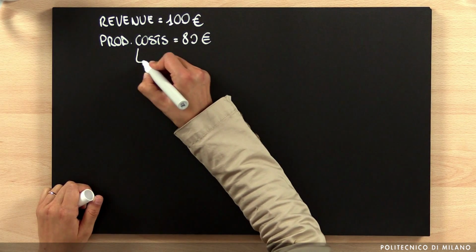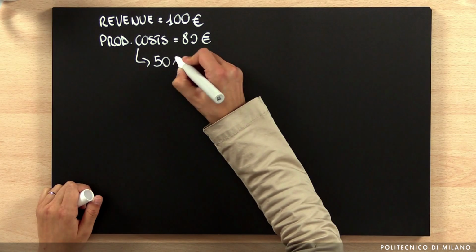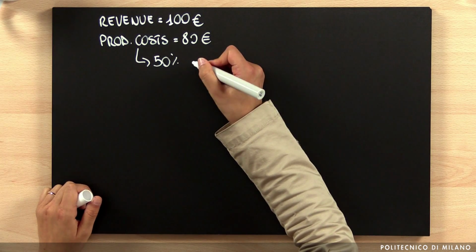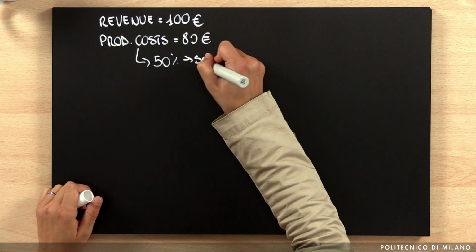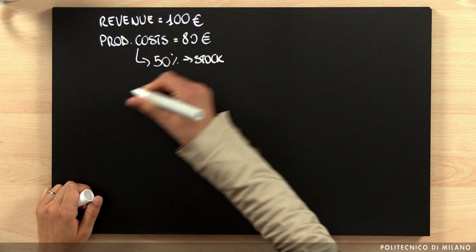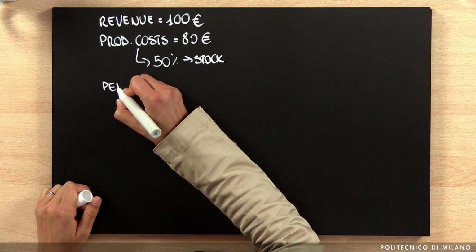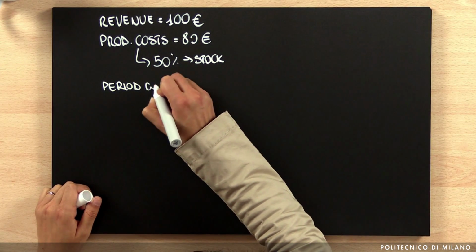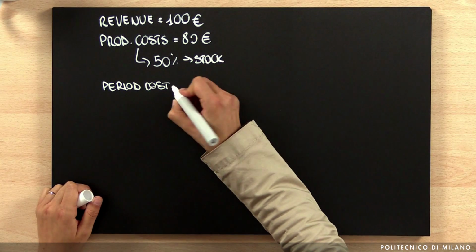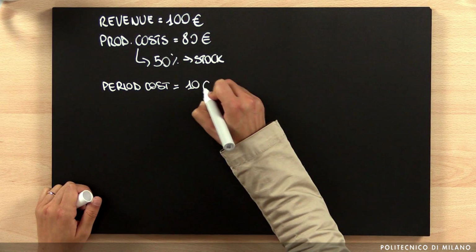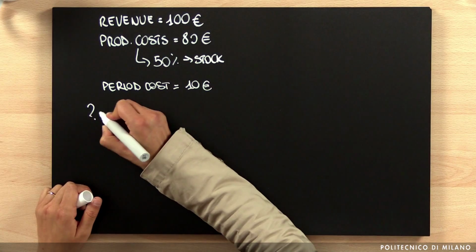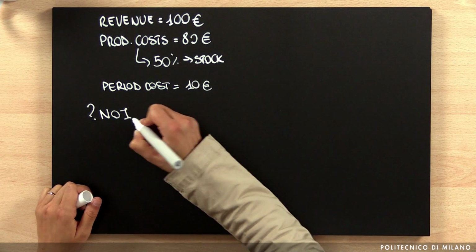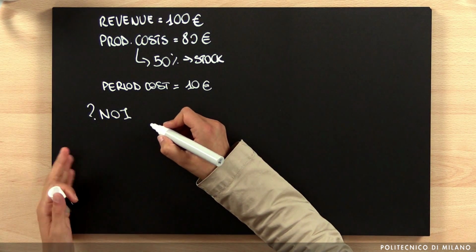But then we have that 50% of the products are not sold, but they enter into the stock. And then we have period cost, assuming this is marketing, for example, of 10 euros. Our problem is, can we identify the net operating income, which is a financial data?